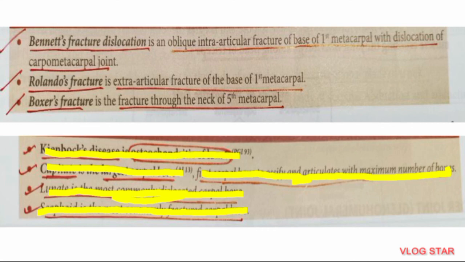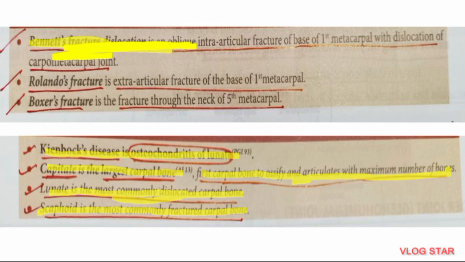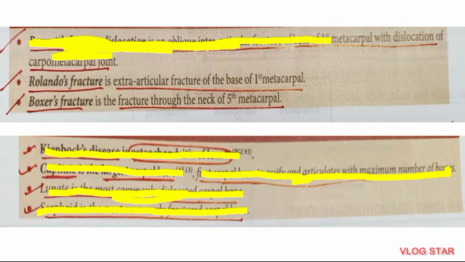And now Bennett's fracture dislocation is an oblique intra-articular fracture of the base of the first metacarpal with dislocation of the carpometacarpal joint.